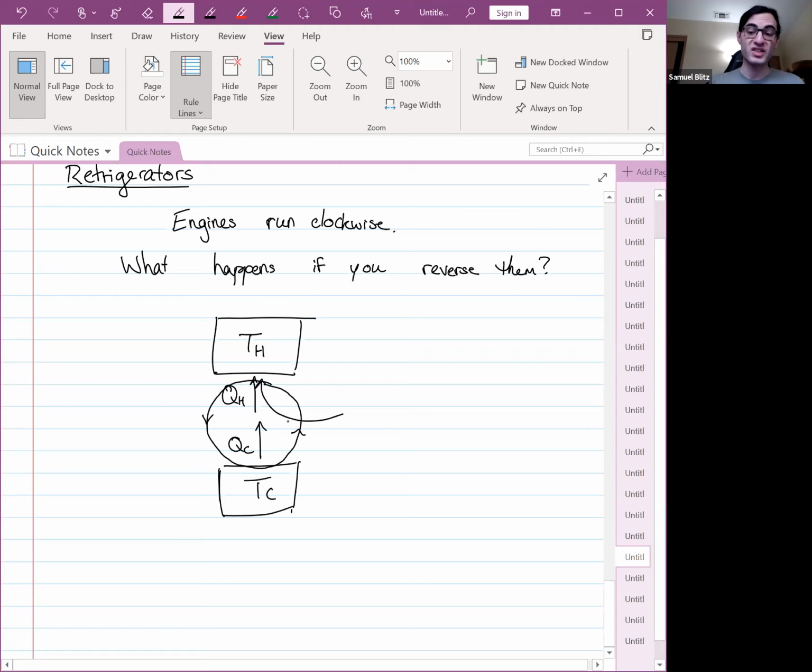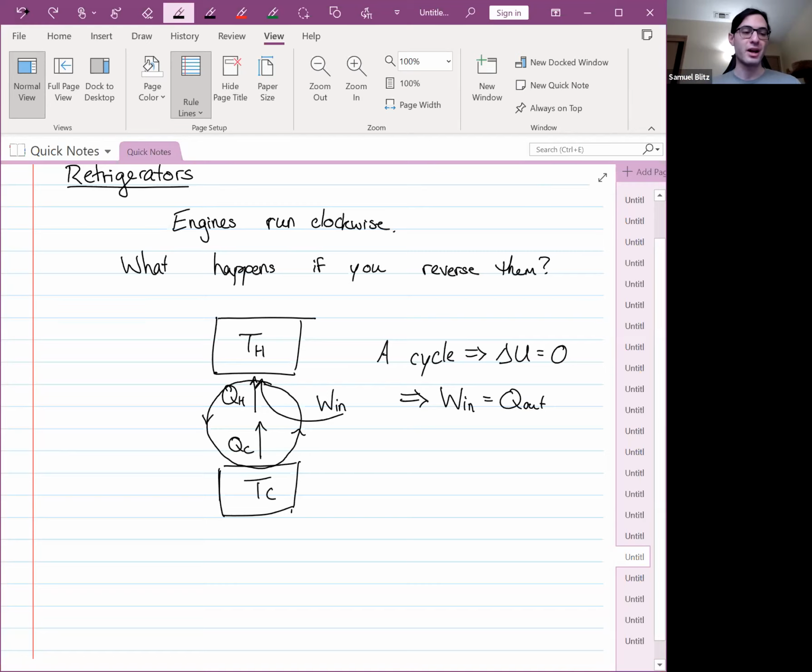Now, we know that this is a cycle. So the change in total internal energy is 0, which means that the work in should be equal to the amount of heat that leaves the system. Now, this is the amount of heat that leaves our working gas, right?